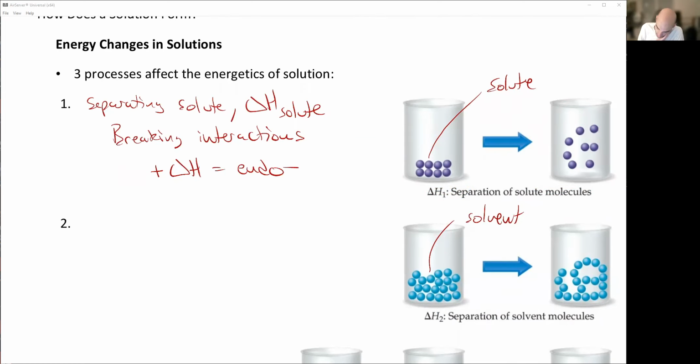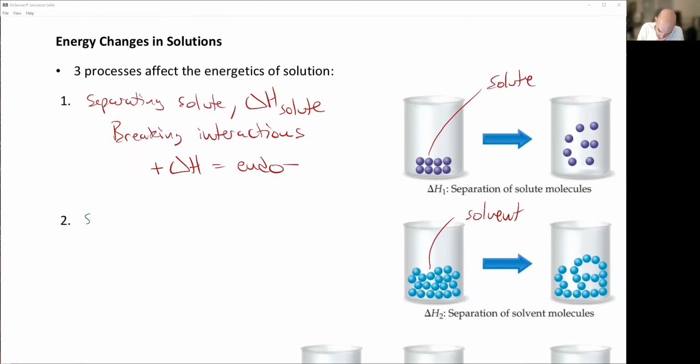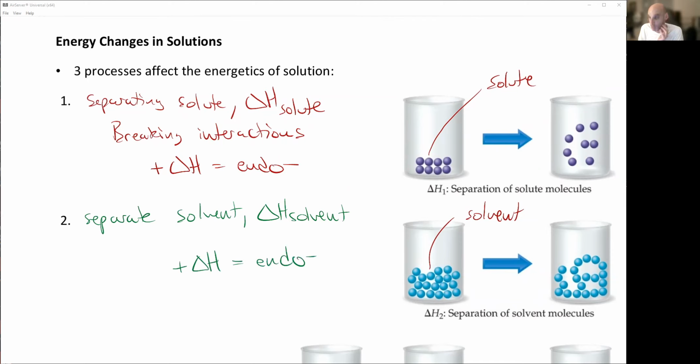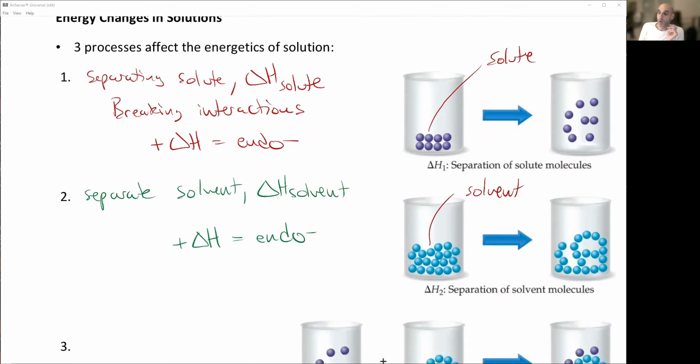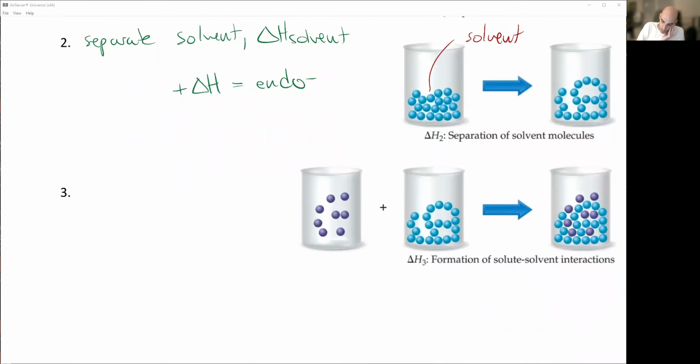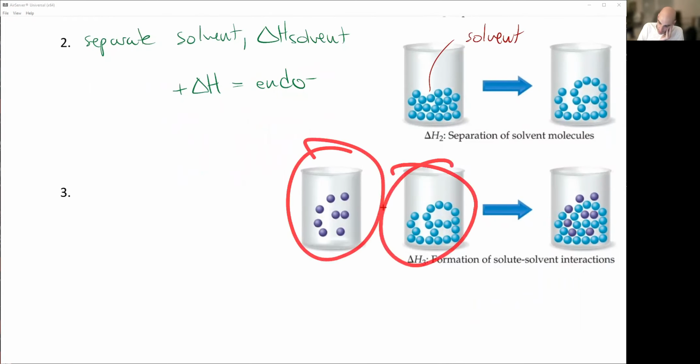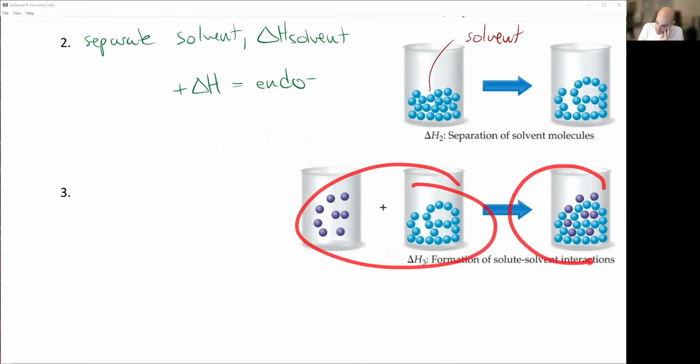Step two is I'm going to take those solvent molecules and separate the solvent. And that's this delta H of solvent. And that is also going to be breaking bonds. That's going to cost us energy as well, also endothermic. So those two processes together cost us energy. We get energy back when we take both of those that we separated and add them together so they combine.